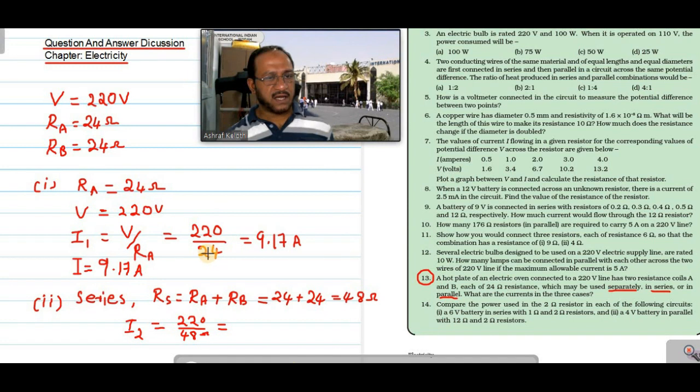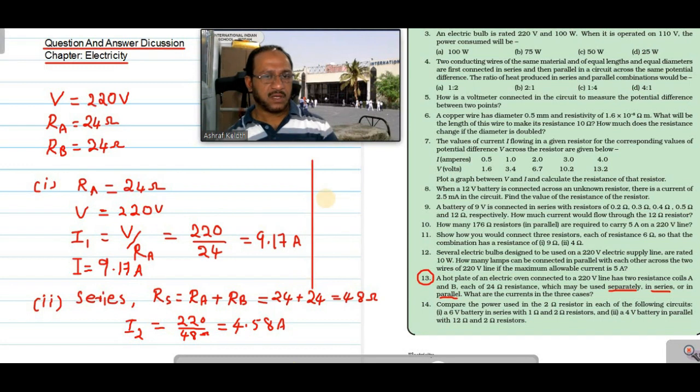The first current has only 24 ohm, this has 48 ohm, so the ratio is 1 by 2. Here the current will be 4.58 ampere. Current becomes half because resistance doubled. 24 became 48, the resistance is doubled, so current becomes half.